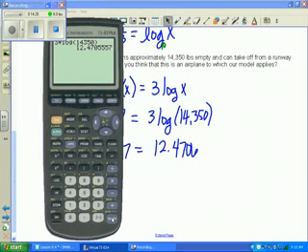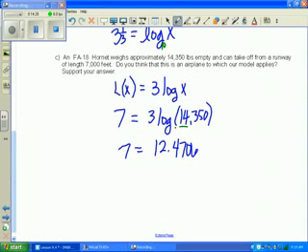And so that is 12. So that's saying that according to this model, our airplane that weighs 14,350 pounds would need 12,471 feet of runway. But this Hornet apparently is special because it doesn't need 12,471 feet of runway.